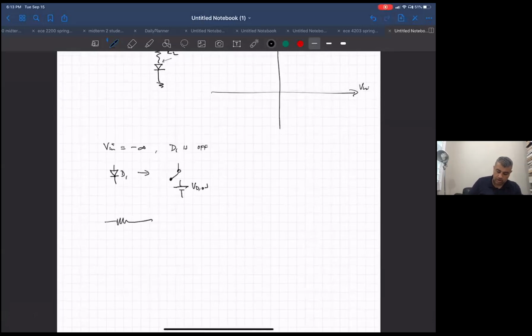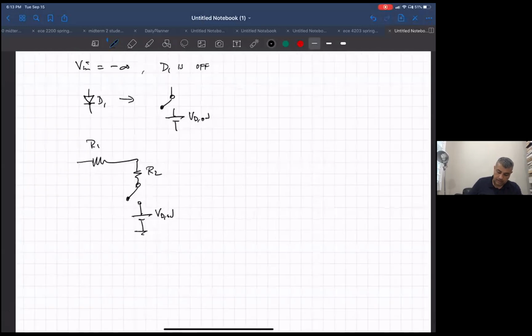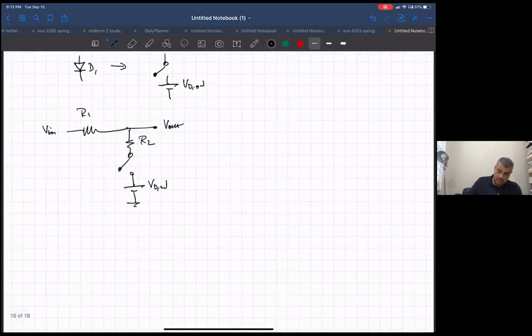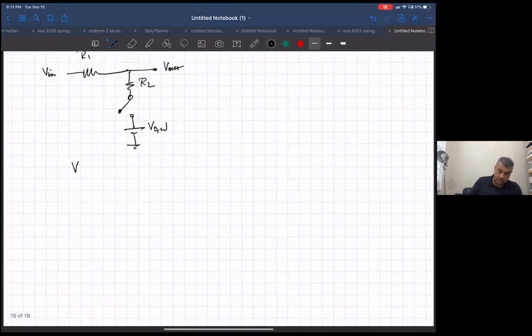If I redraw the circuit, it's like an open switch with this battery in there. So again, V out is equal to Vn in this case.